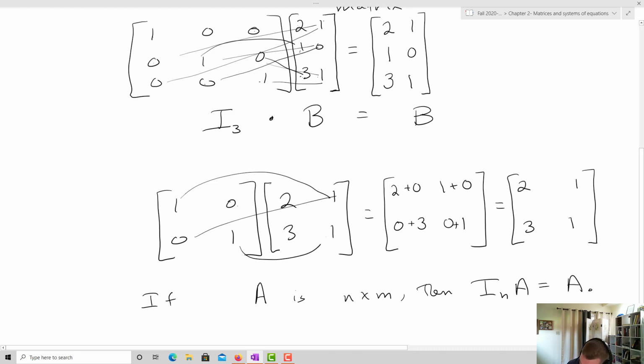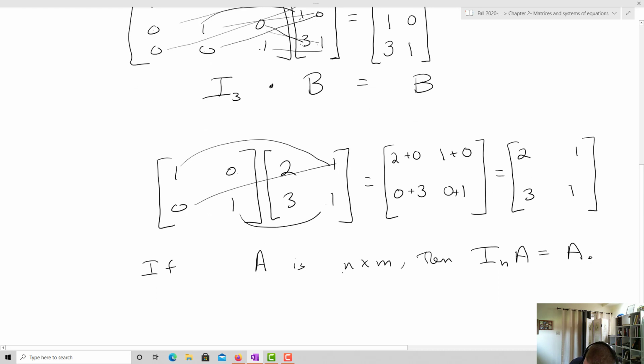That's the identity. Now, you'll notice that it's going to be n by m, and I've actually put the same number of columns in the identity as the number of rows in A, okay? And that's going to get to our second point here.